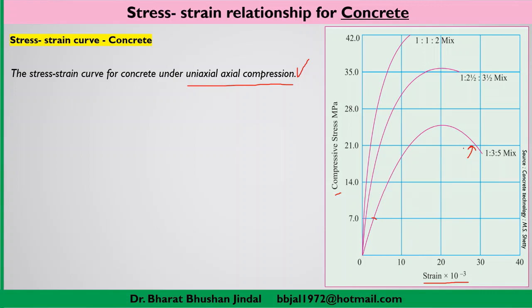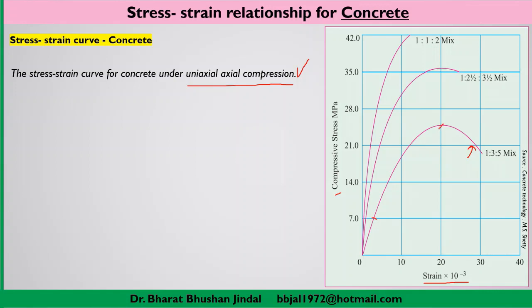That means the linear relation no longer holds. After that there is a non-linear relation, and at a particular level of stress, corresponding to the strain, you will see there is a maximum compressive stress.